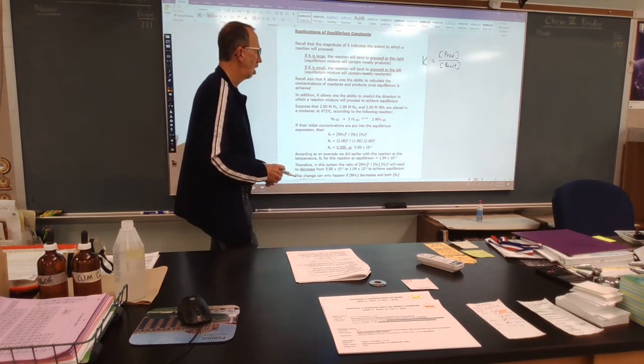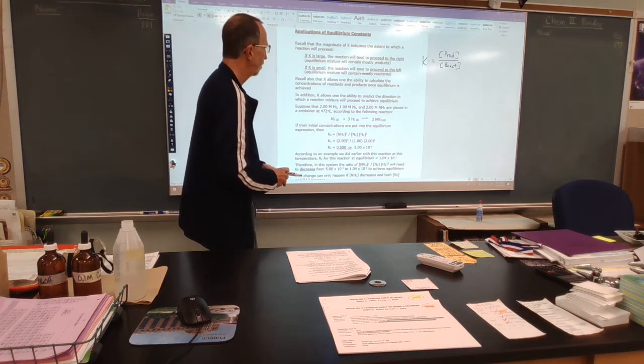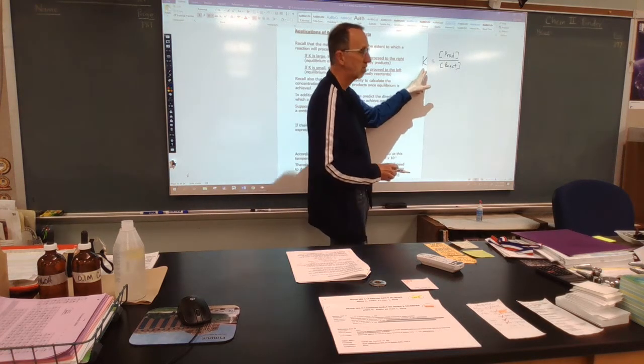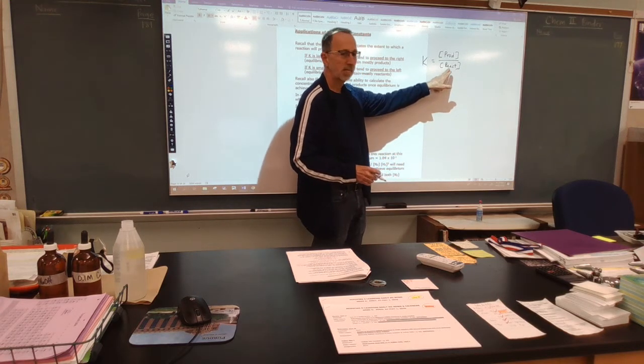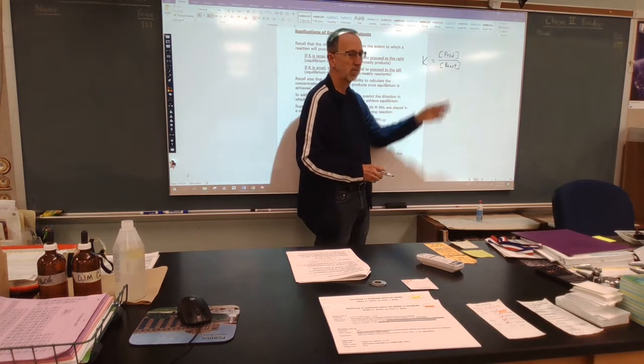If K is small, then just the opposite is true. The reaction and the mixture will continue with reactant. So if it's small, mathematically, that means that this number down here has got to be larger than this number up here.